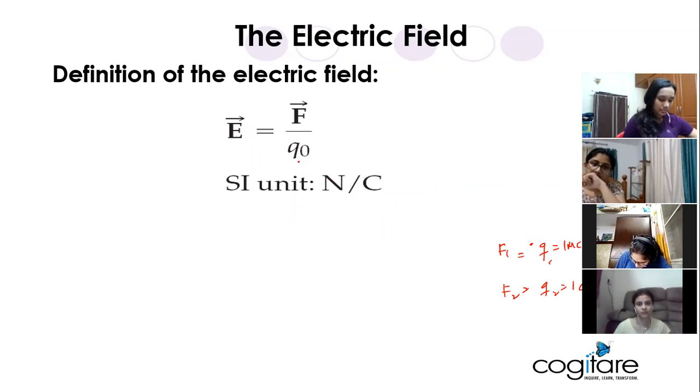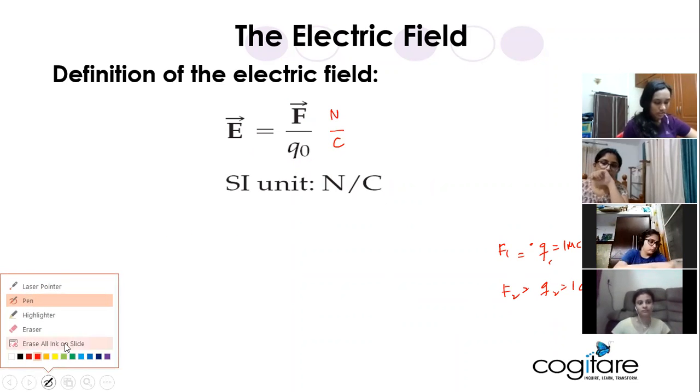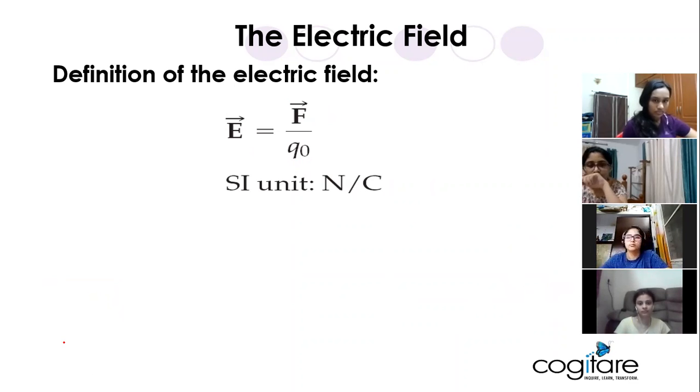E is equal to F by Q. This will be the definition of electric field. So this F is Newton, this Q is coulombs. Newton per coulomb will be the units of electric field. Shreya, are you following, ma? Yes, sir. Please make a note of this.